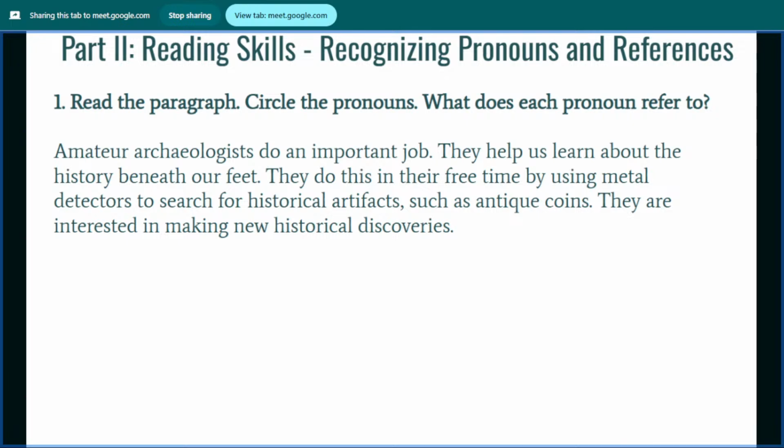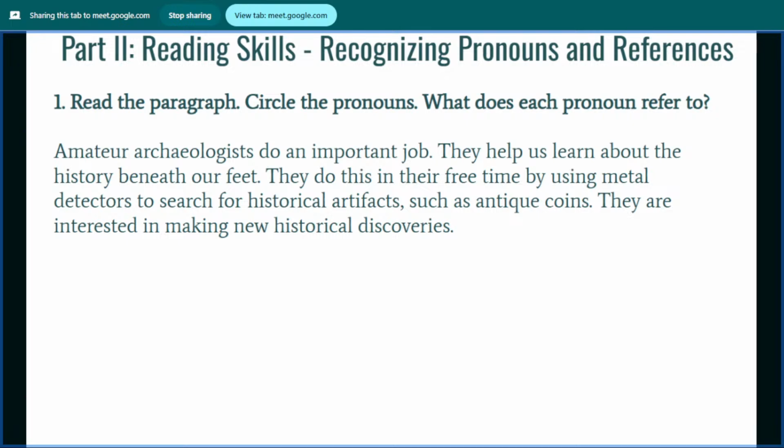Ma'am, they, and it is referring to amateur archaeologists. Very good. Us? Us is representing readers, people in general. Our, again, the readers in general. They? Same, amateur archaeologists. Very good.